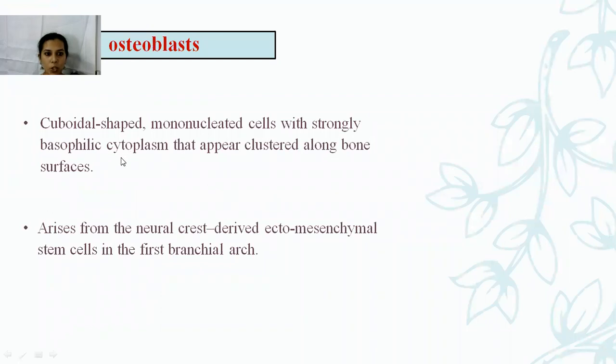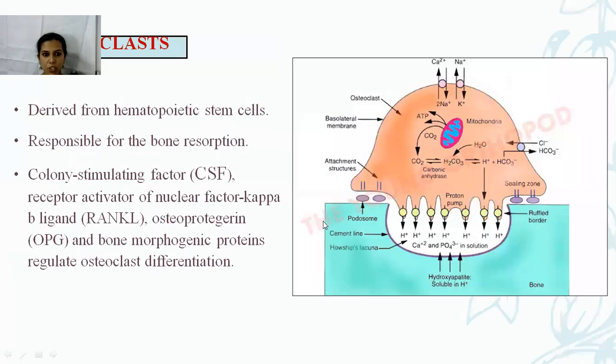What are these osteoblast cells? These osteoblast cells are derived from the neural crest, from the ectomesenchymal stem cells of the first branchial arch. So what are osteoclasts? These are hematopoietic cells, responsible for bone resorption.